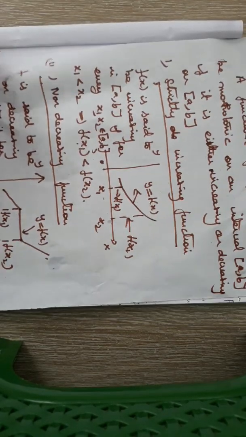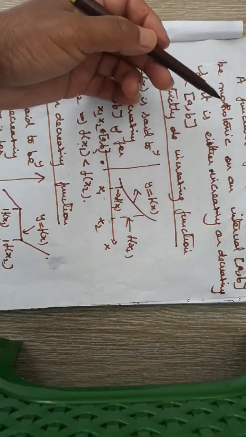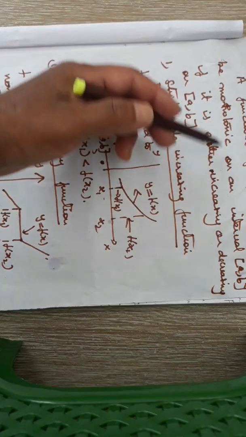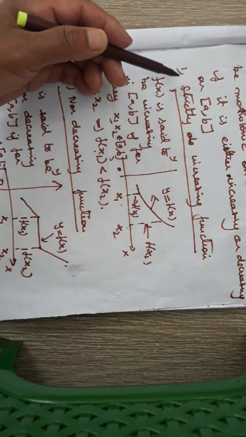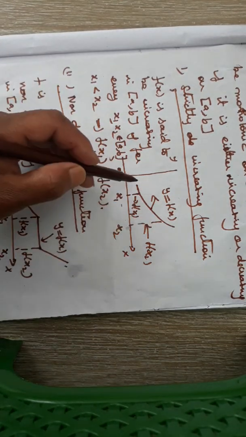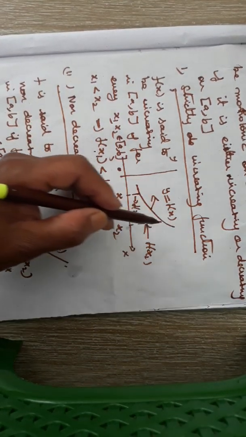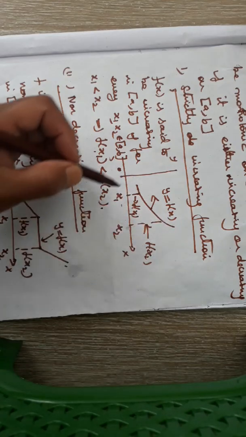Now, what is meant by a monotonic function? A function f(x) is said to be monotonic on an interval AB if it is either increasing or decreasing on closed interval AB. What is meant by strictly increasing? You draw the graph of the curve y of x, and as you can see, it is an increasing function.